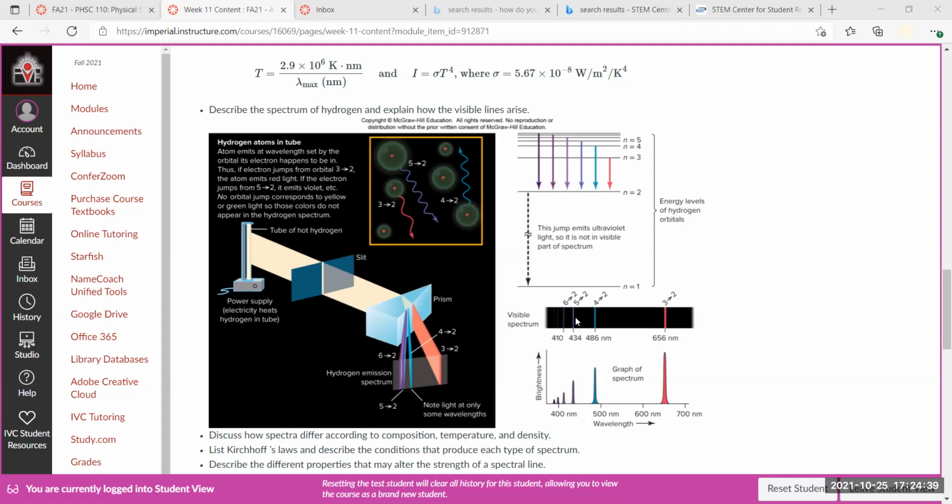If I take the hydrogen, for example, and study the hydrogen atom, I will see that first of all, we have a nucleus and we have an electron. That electron can exist only in specific energy levels. It cannot have any kind of energy it wants. It only can have specific values.